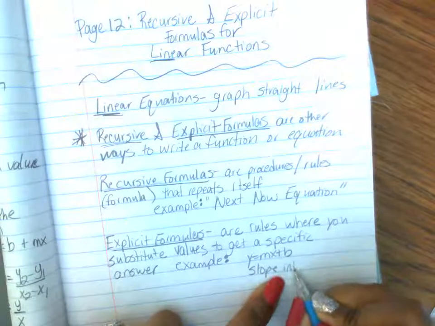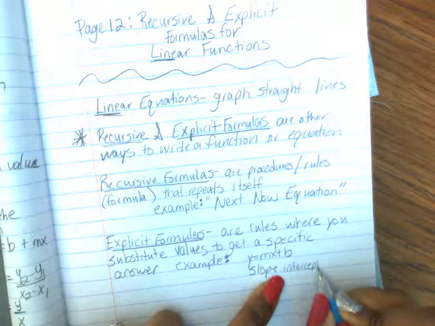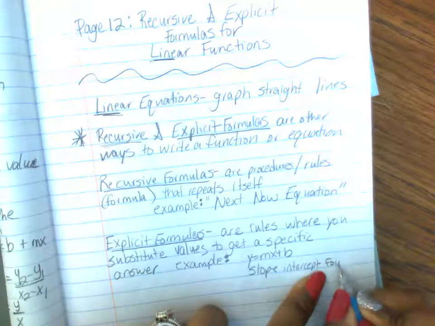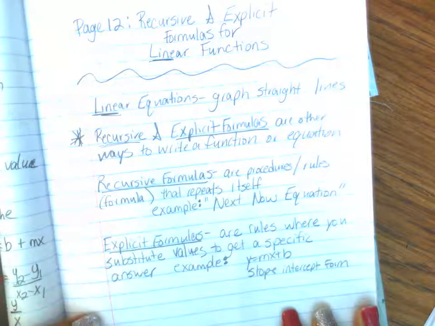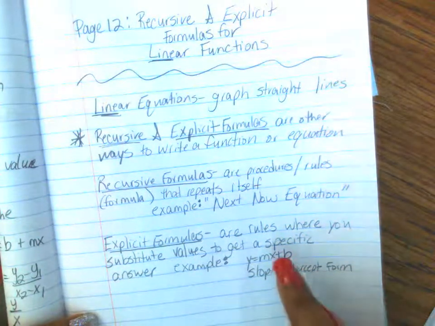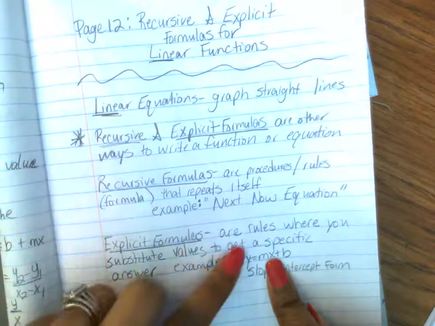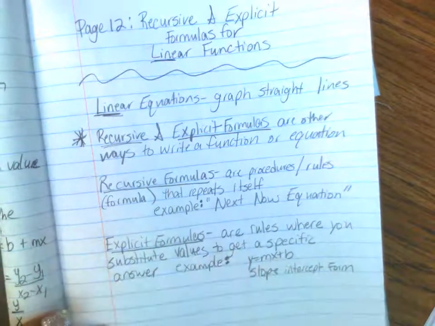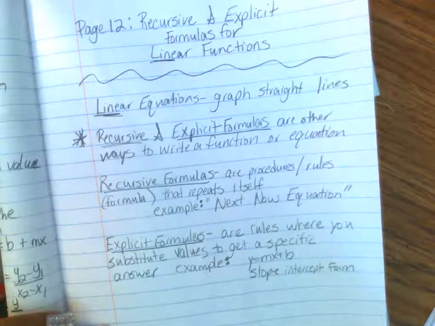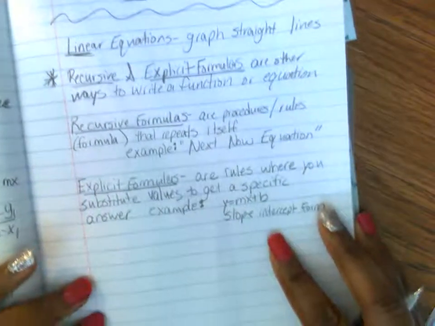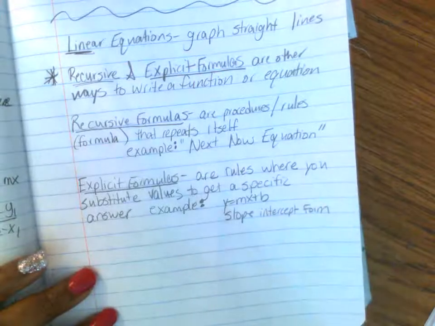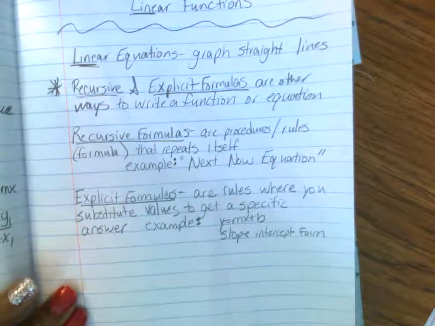So slope-intercept form is an example of an explicit formula. Okay, and why is that an example? Because you can plug in a number for x and get a value for y. Now we're going to do some examples. Pause real quickly so you can write this down.